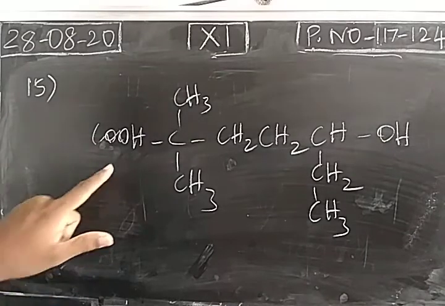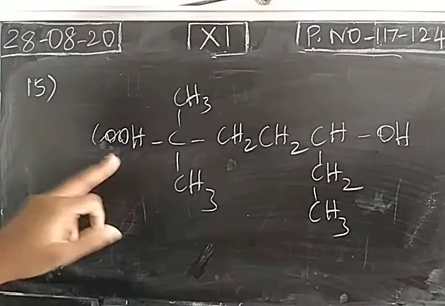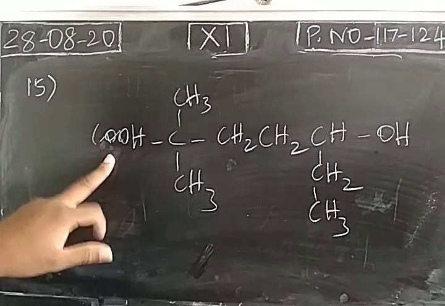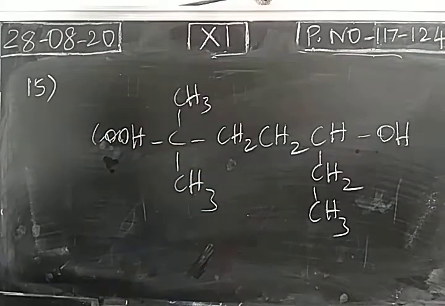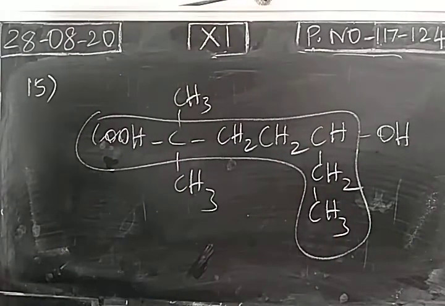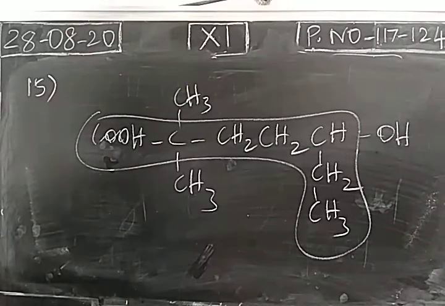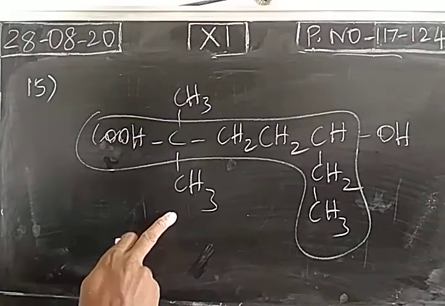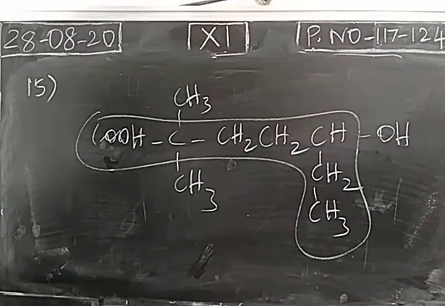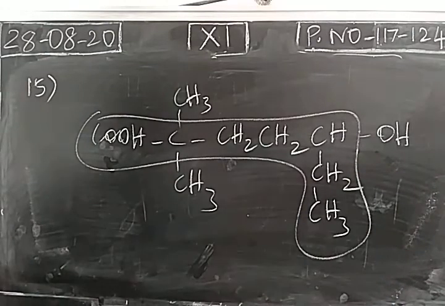One is carboxylic acid, another one is the alcohol group. According to priority order, the carboxylic acid has more preferential order. So this will be the functional group, and this will be the substituent. Okay, so we select the longest chain. In the longest chain, we have the functional group carboxylic acid and the substituents 2 methyl groups and a hydroxy group. Alcohol, when it comes as a substituent, its name is hydroxy.